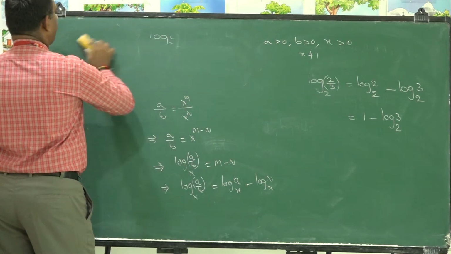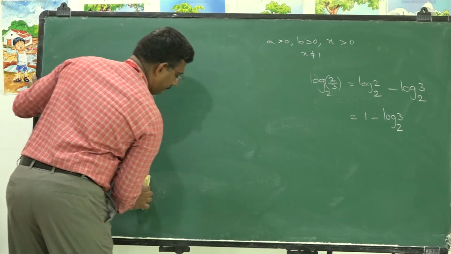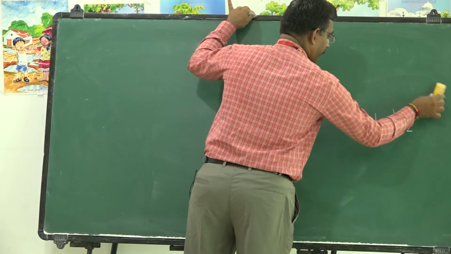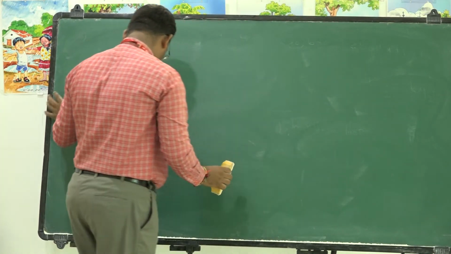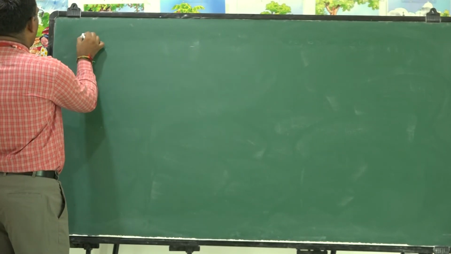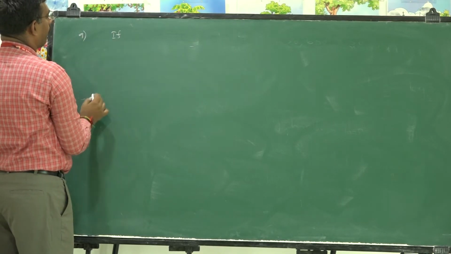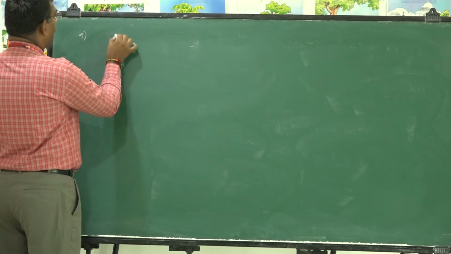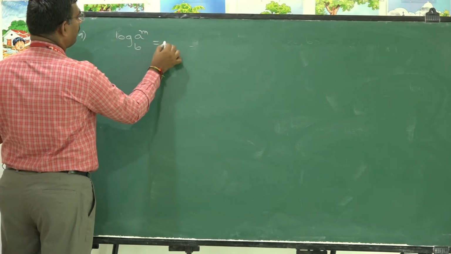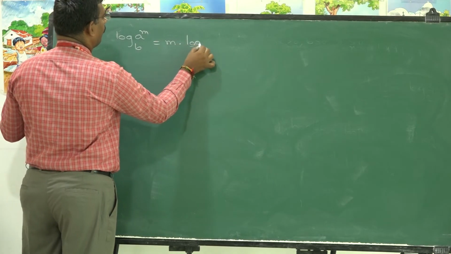Next, property number 9. Log a power m base b is equal to m into log a base b.